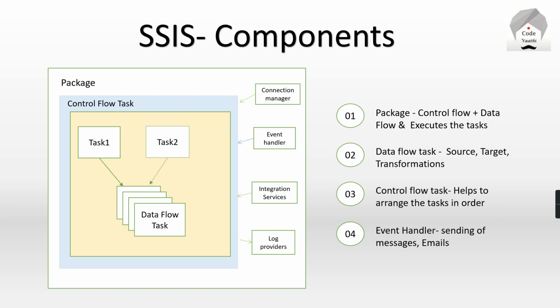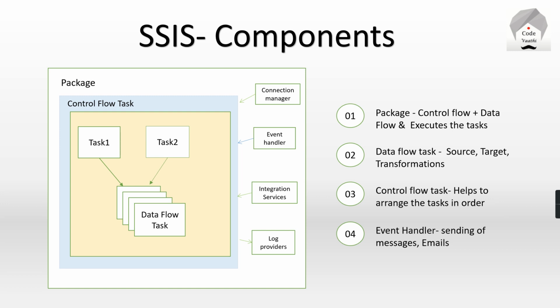Next comes the data flow task. It involves the source, target as well as multiple transformation rules, and SSIS provides multiple transformation rules here. So based upon the needs, we can apply them, and we will see that in detail in our upcoming videos. And the control flow task helps to arrange the tasks in order.